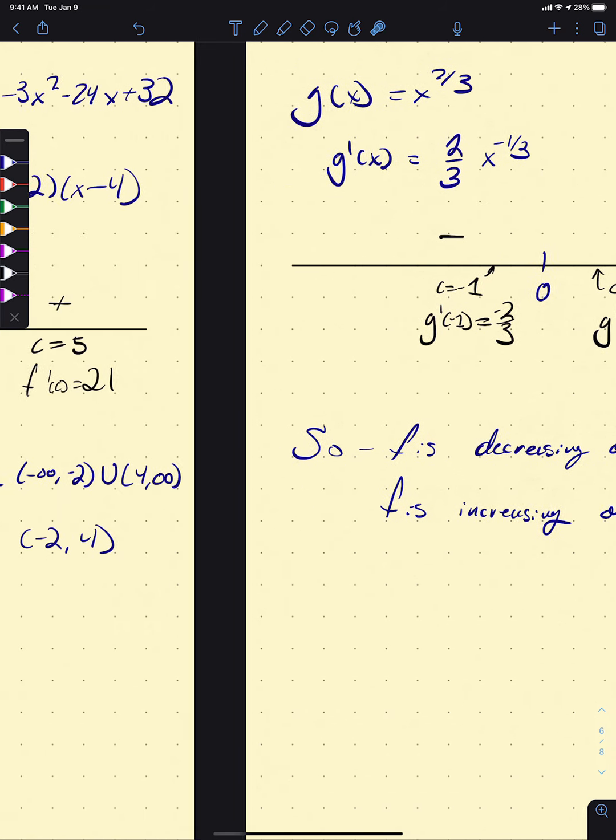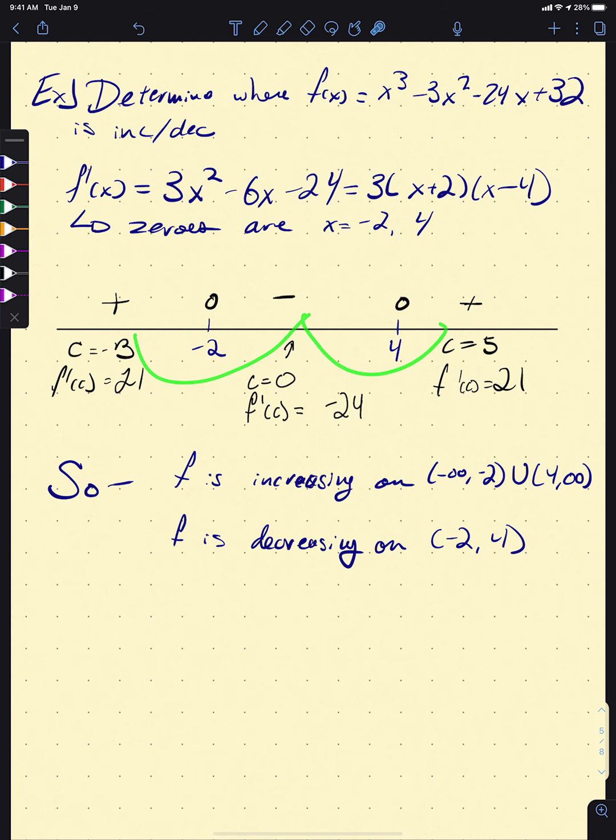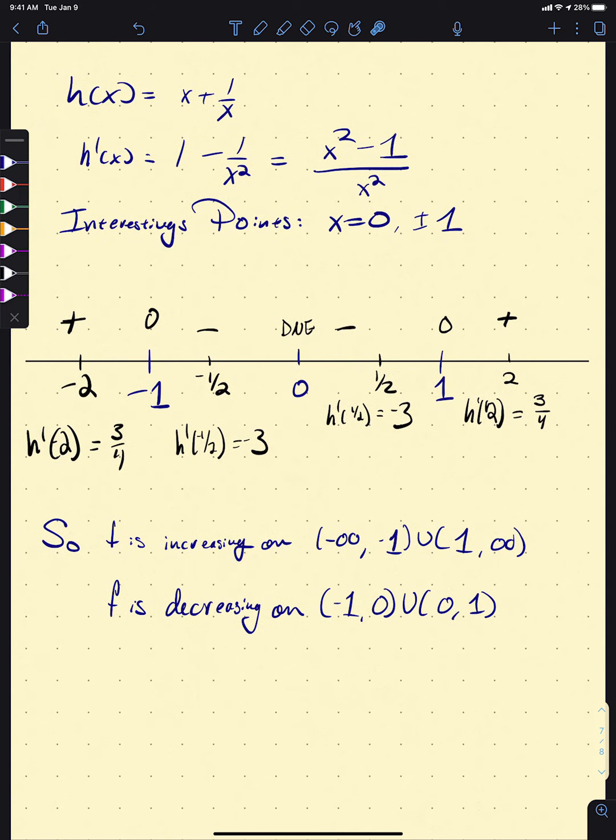In the last two examples we had, across each of these boundaries, our derivative flipped signs. That isn't the case here. So we can't automatically conclude that just because your derivative is equal to 0 or it doesn't exist, the sign is going to change, okay?